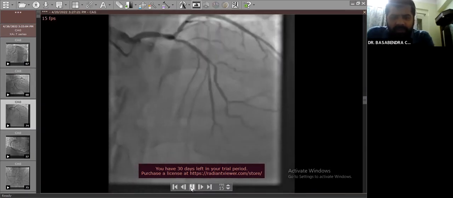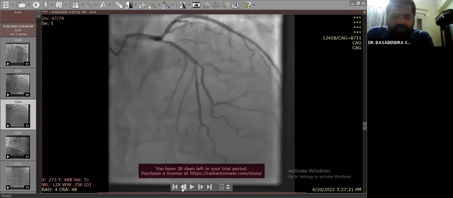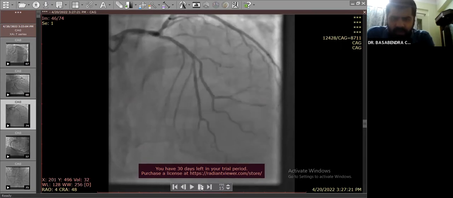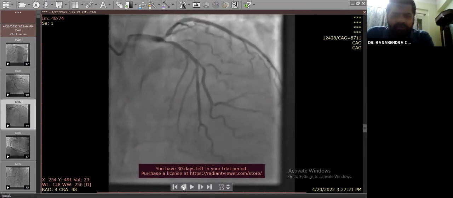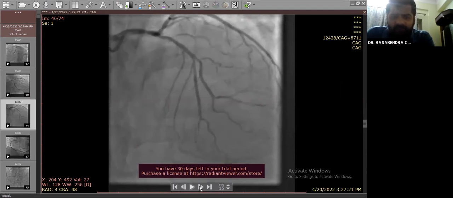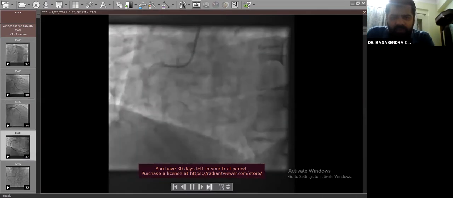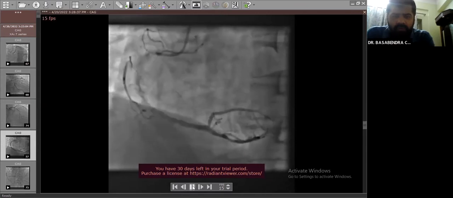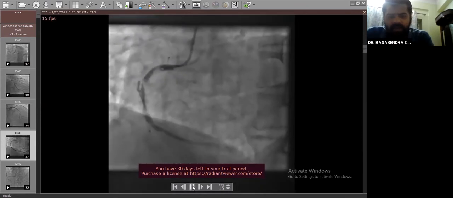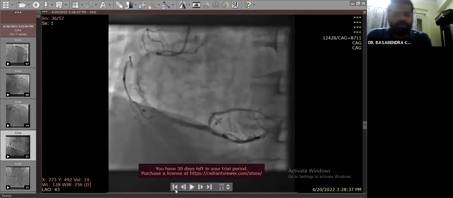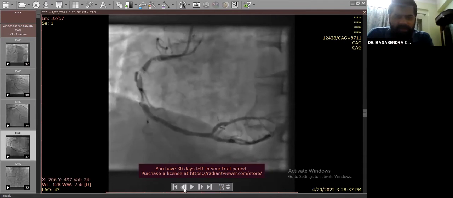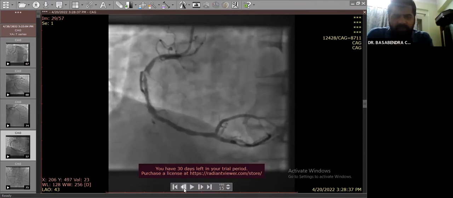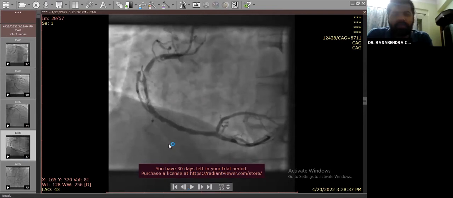In the mid part, there was a tortuosity with a lesion of around 60 to 70%. The right coronary artery showed long segment disease starting from the proximal part, extending up to the mid part, maybe extending to the distal part.